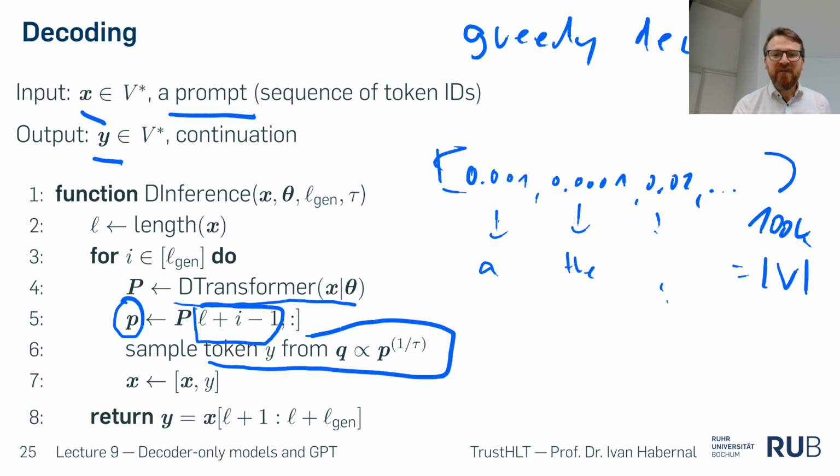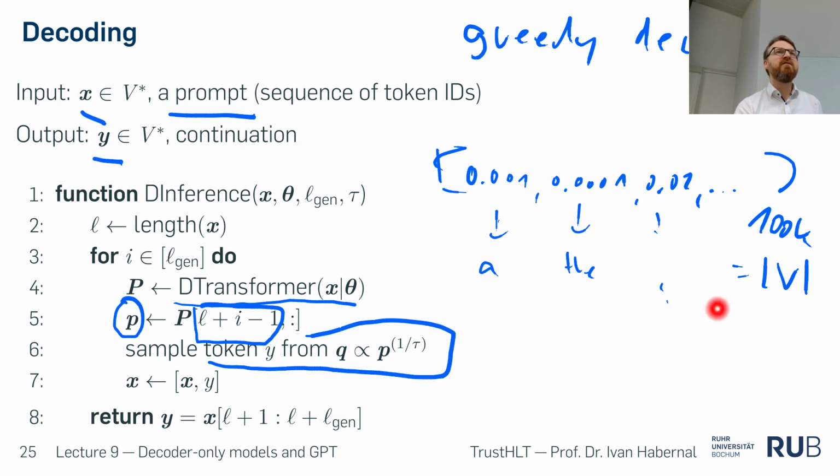So what you're going to do instead is not take the maximum value, but sample from this distribution. I think we talked about sampling already, but you can basically say, draw me an index according to this probability distribution. So you can get anything, depending on the probabilities.